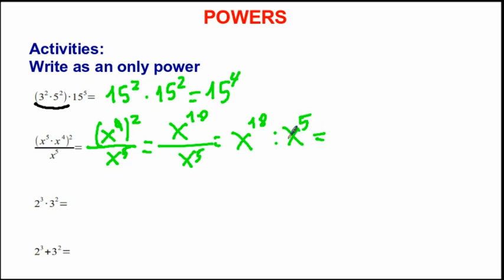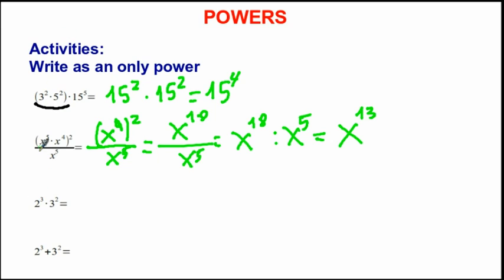When the base is the same, to divide, you have to subtract exponents. So x to the power 18 minus 5 is 13. So x to the power 13 is the result.